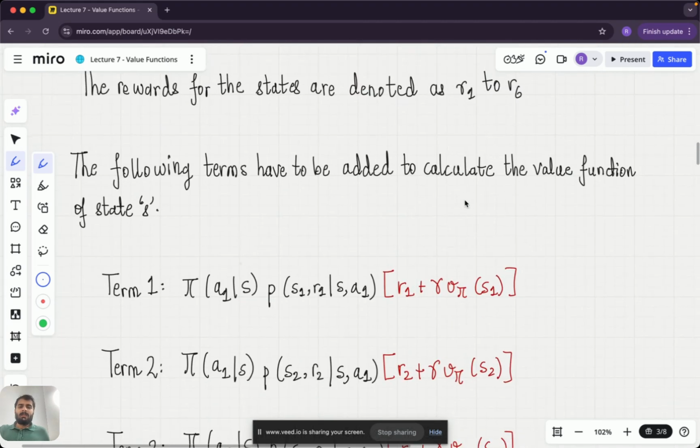Okay, so this is exactly what we do here. This is the policy which dictates the probability that this action is taken when the agent is in this state. This is the transition probability: what's the probability that the agent transitions from state S to S1? But the main intuition is embedded over here, which says that the value function is the reward collected along the way plus the discounted value function of the next state.